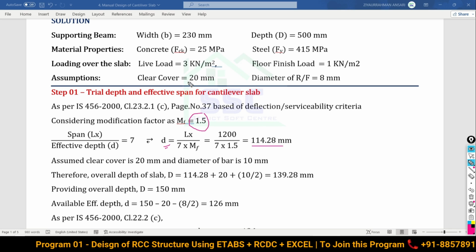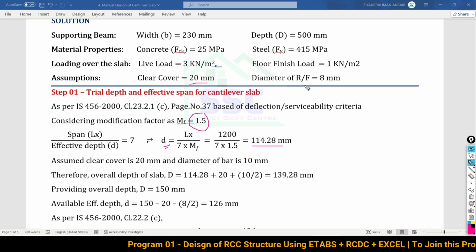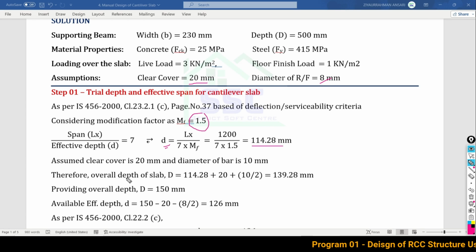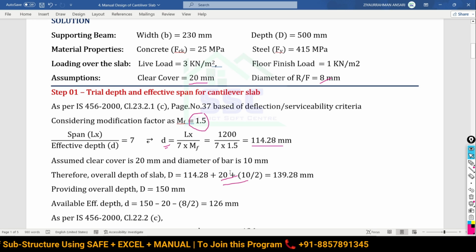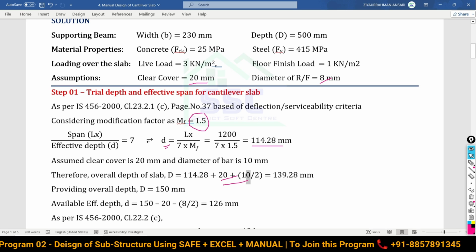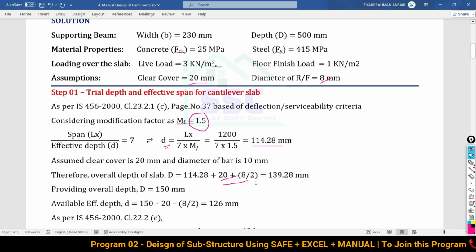Now as we earlier assumed, clear cover as 20 and diameter of bar as 8 mm. So to find the overall depth, it is effective depth plus clear cover plus half of the diameter of the bar. Here a 10 mm diameter of bar was considered, so I have to correct it, as I'm going to consider it as 8 mm.